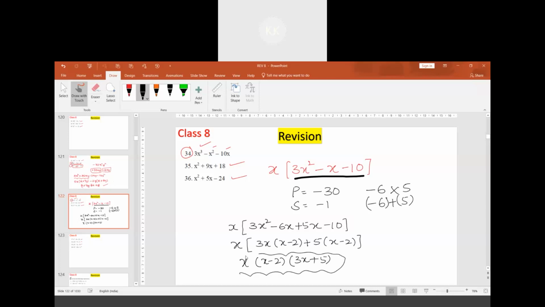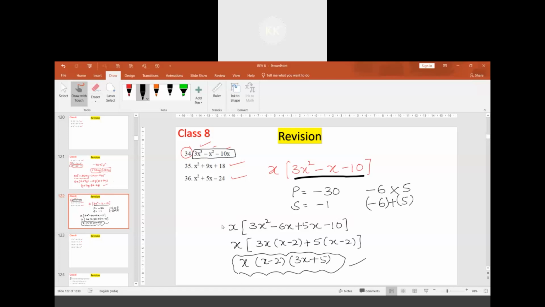This is a cubic term. For a cubic expression, there will be three factors. We got three factors here: x, x minus 2, 3x plus 5. Suppose there is a question that the volume of a cuboid is given by an expression 3x cube minus x square minus 10x, find their dimension.